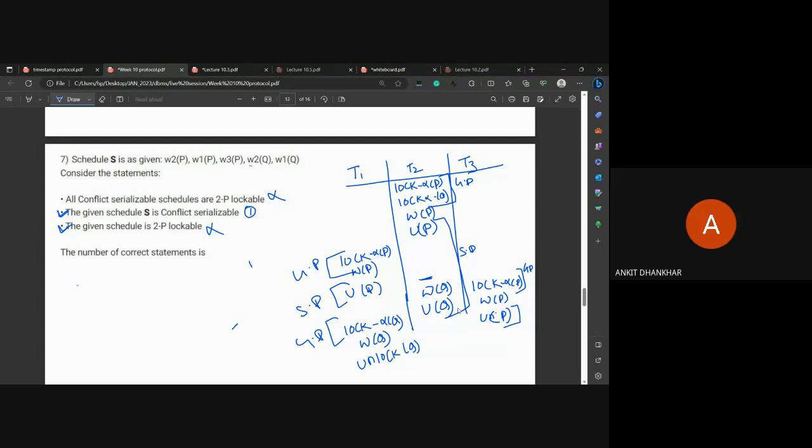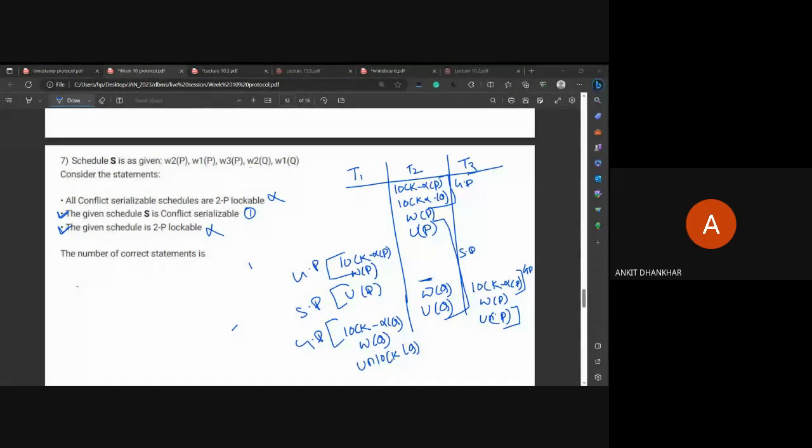Yes, sir. So we are trying to see if it is 2PL lockable or not. We try to rearrange the transaction operations if it is feasible. You are locking Q ahead of time, before writing to Q. Correct, correct.